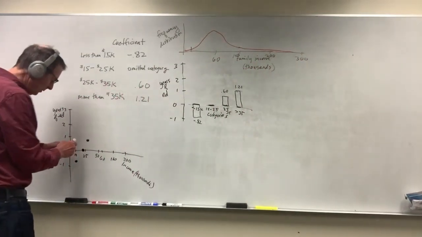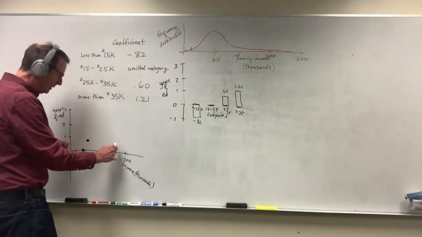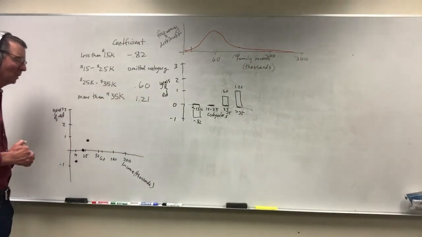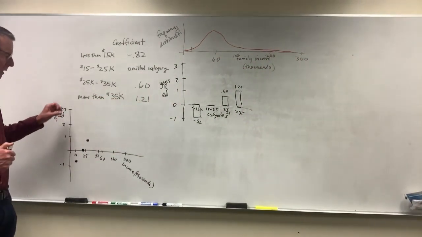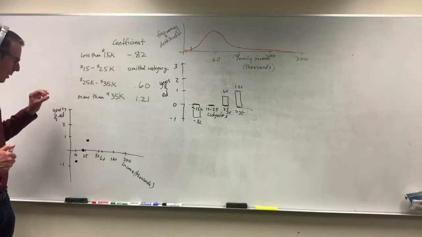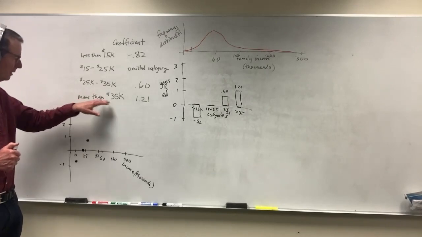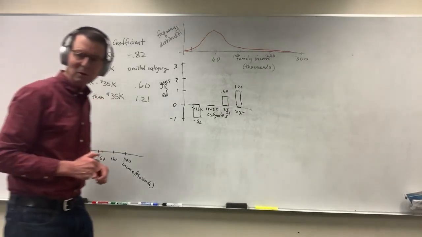But the key issue is, if we're trying to plot the income associated with this 1.21 years of education increase, it's going to be the average income of kids living in families with incomes more than $35,000.